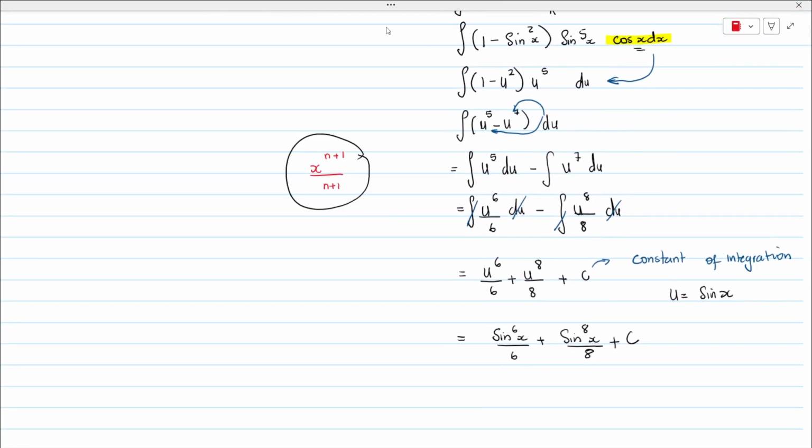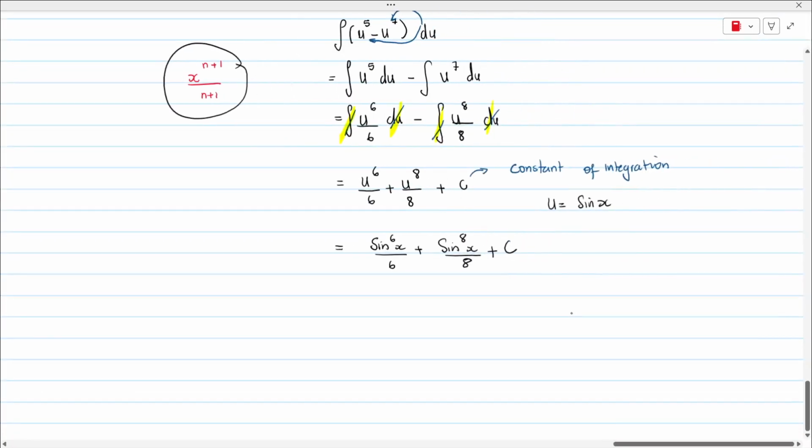After integration, I know that the signs fall away. This sign fell away, and the du fell away along with it. Then what I got is this u expression here. I already know that my u is equal to sine x, so I substituted my u and found my final answer to be sine 6x all over 6 plus sine 8x all over 8 plus some constant c, which is the constant of integration.